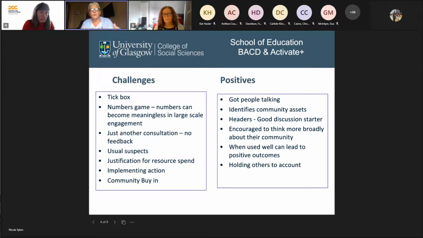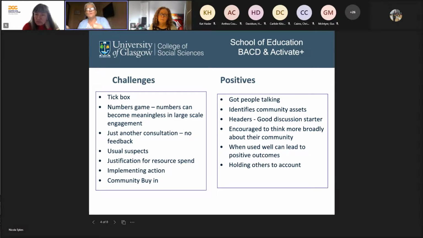And hoping that when actions arise, they're followed through. And I think one of the biggest things the graduates, when looking back, spoke about was getting community buy-in, and that this was going to be something beneficial that they themselves had a voice in. So they were some of the challenges that the students and others had faced.